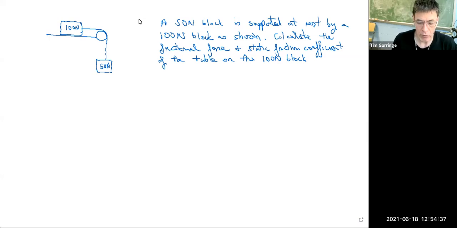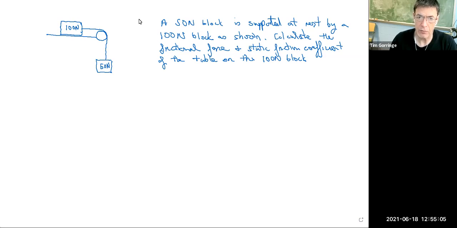We're told we've got an arrangement of two masses, one hanging from a cable or a wire or string attached to the other, and the other is atop a table. And this system of two masses that we see in the sketch is in equilibrium.